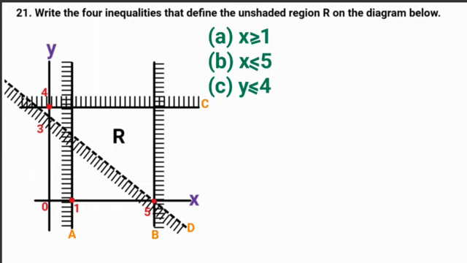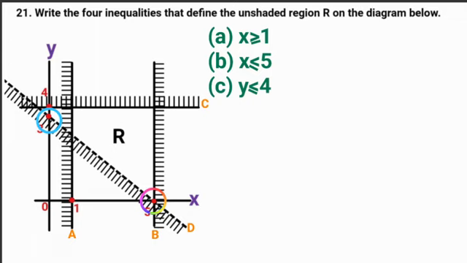Line D is crossing the x-axis as well as the y-axis. It is crossing the y-axis at 3 and the x-axis at 5. These are the two points where this line is crossing the y-axis and the x-axis respectively.